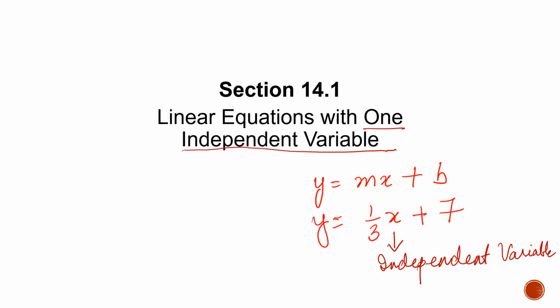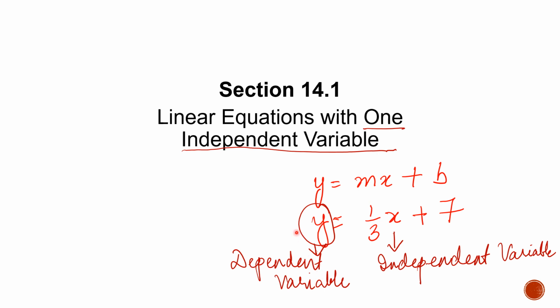The other variable here, y, is called the dependent variable. Why so? Because its value depends on what value we input into x, right? So keep in mind x will be regarded as the independent variable and y is the dependent variable.